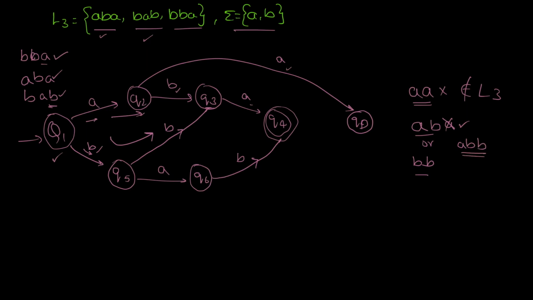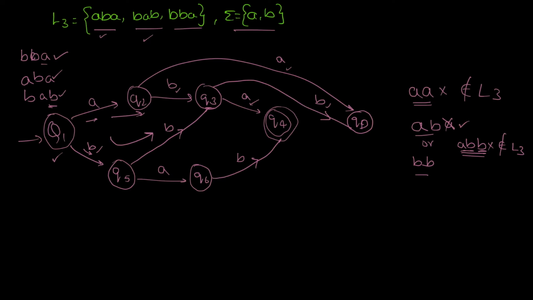Now if we see B, we need to reject this string because this is not in language L3. If we see B from Q3, we go to the dead state. Now Q3 is complete because it has a transition over A and B also.